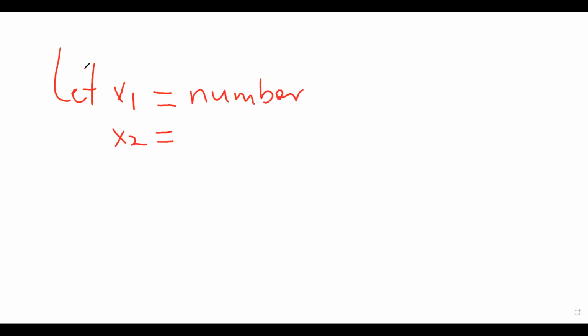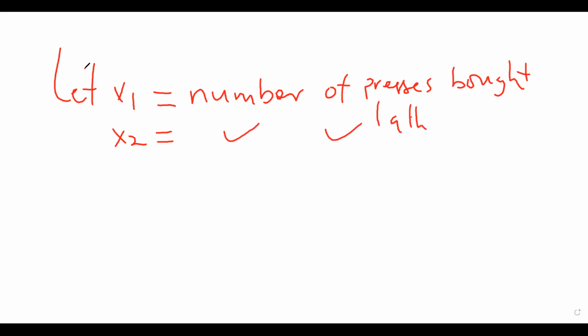Start thinking about the objective function. The number of presses bought, and then this one will be the number of lathes bought. These are the machines. So that is your objective function. Sorry, that is your decision variables.